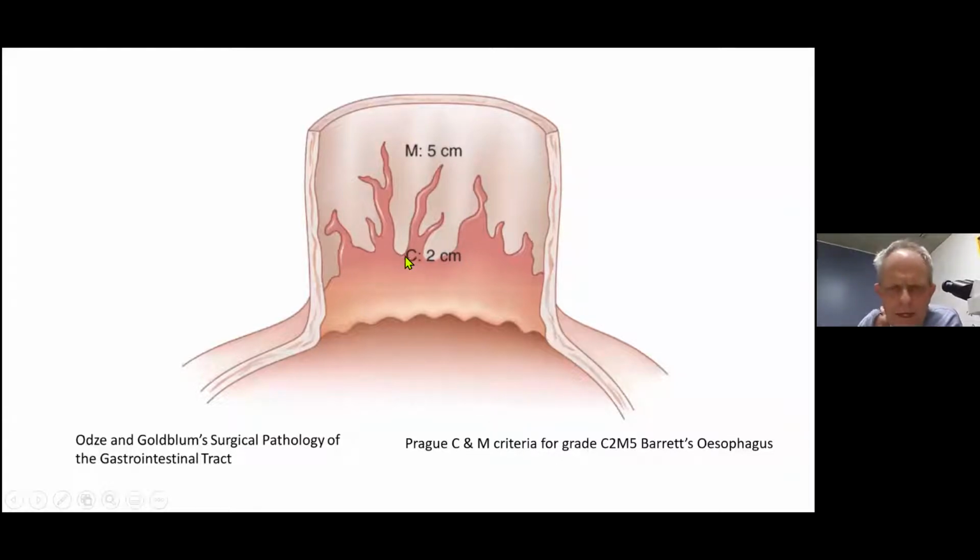Simply put, it's a measurement of the circumference of the columnar change with the height of the columnar change. And that's basically called the C and M criteria for Barrett's esophagus, and it's measured in centimeters. So as this diagram implies, the grading of this is C2M5.